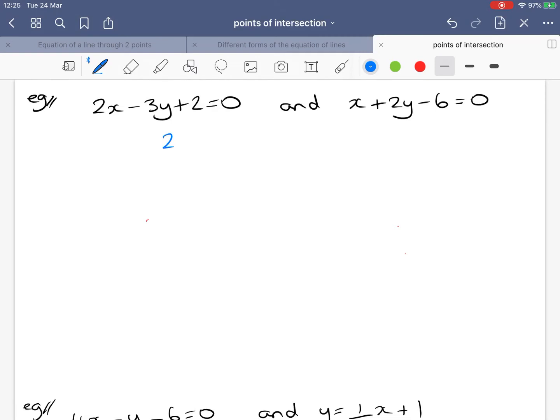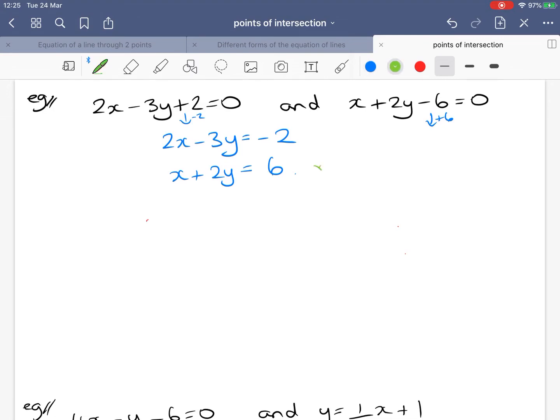And actually, if I wrote my first equation as 2x minus 3y equals minus 2 by taking away the 2, and if I look at the second equation and add the 6, I'd have x plus 2y equals 6. And at the point at which the two lines intersect, the x and the y's are the same, so it's just solving a pair of simultaneous equations.